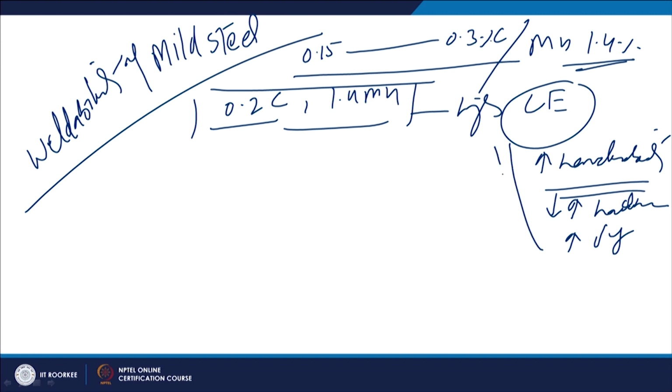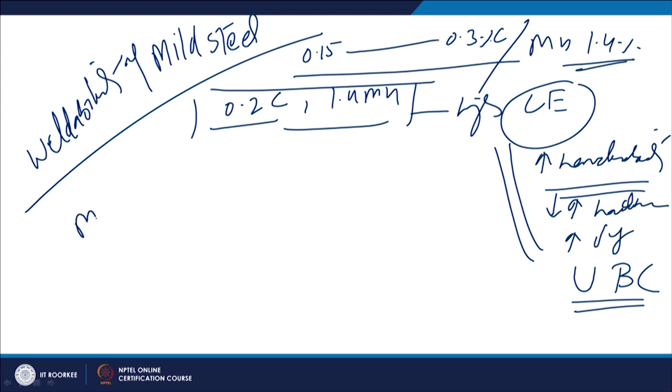And if there are a lot of inclusions and the conditions are more favorable with regard to restraint, then it can cause underbead cracking tendency. So, it can be susceptible under certain conditions.